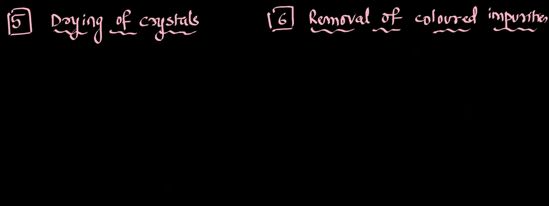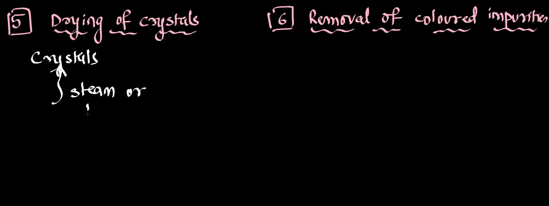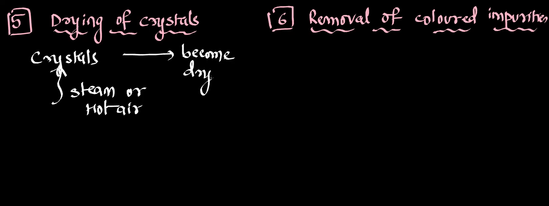In drying of crystals, we take the crystals and pass steam or hot air over them. Then the solvent particles will be taken away and the crystals become dry.